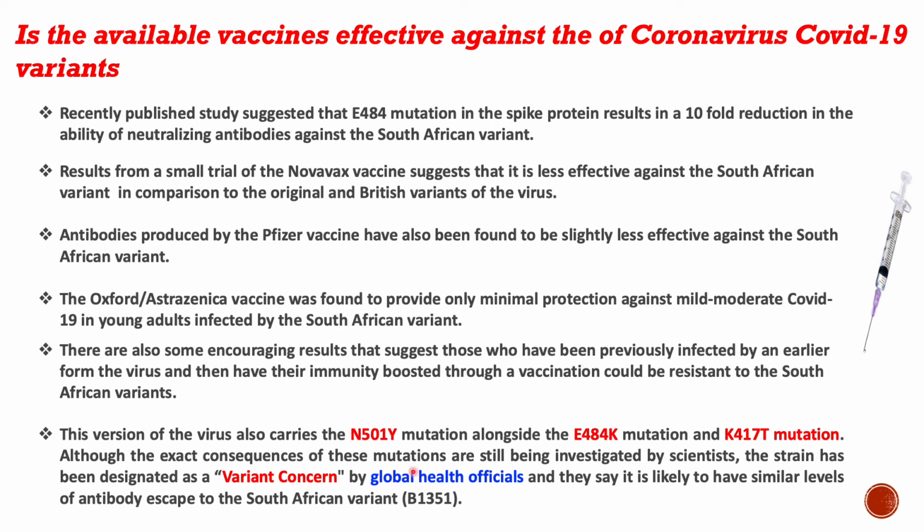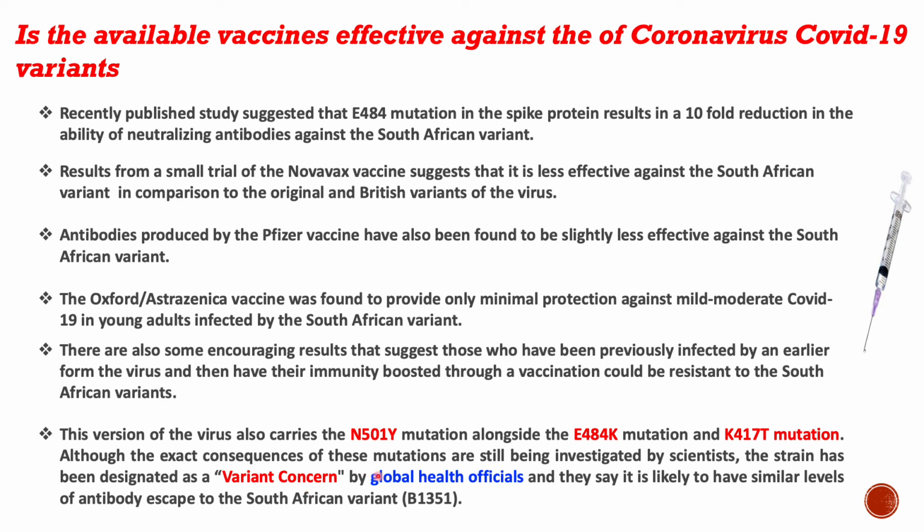That's why global health officials are conducting a number of studies in order to develop new vaccines that will provide good protection against these variants of concern, like the South African variant.